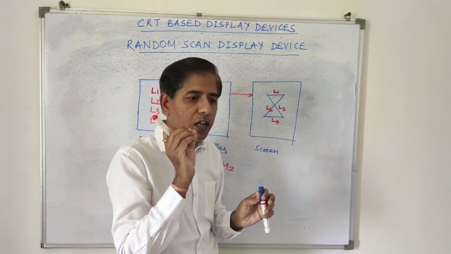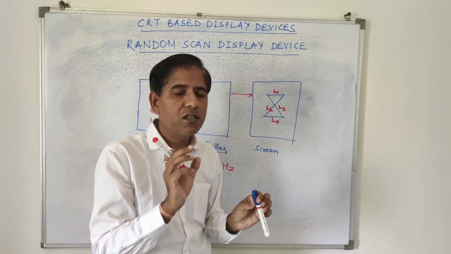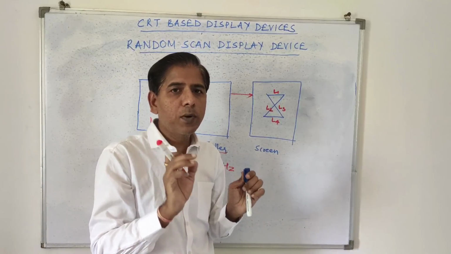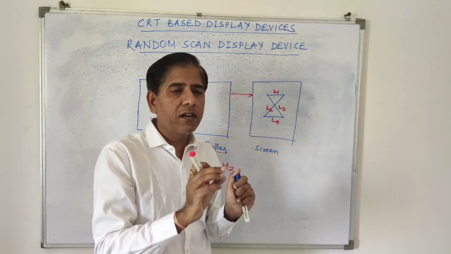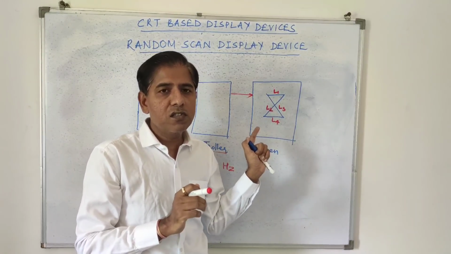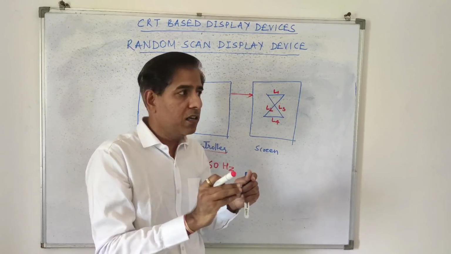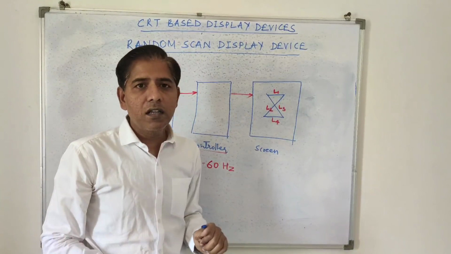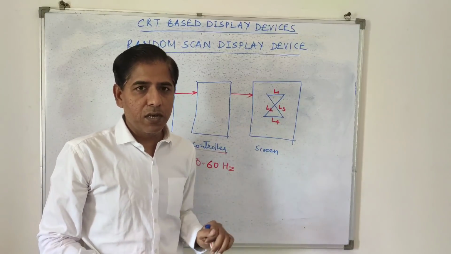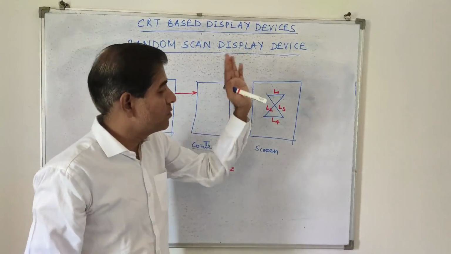They are illuminating and diminishing 50 to 60 times in a second, but the naked human eye cannot detect this flickering. So this is the flickering which is happening in the display device. Okay, so this is a random scan display device.